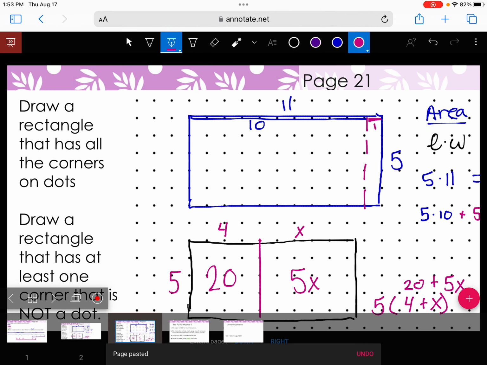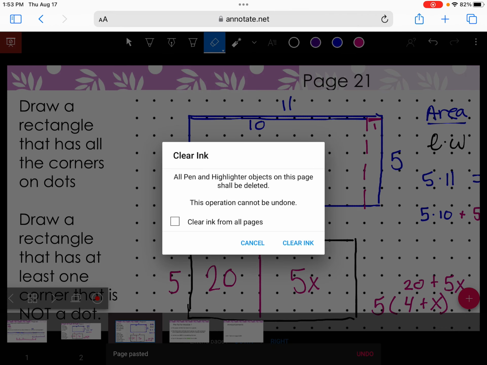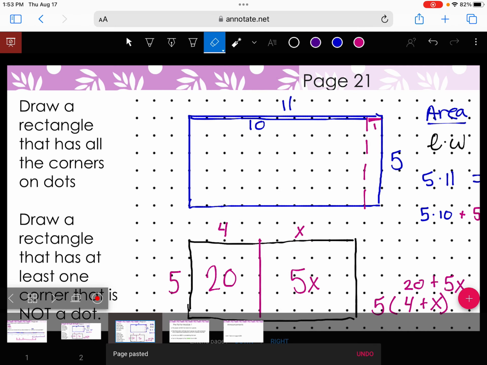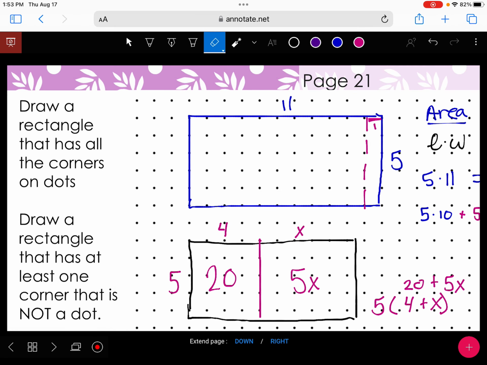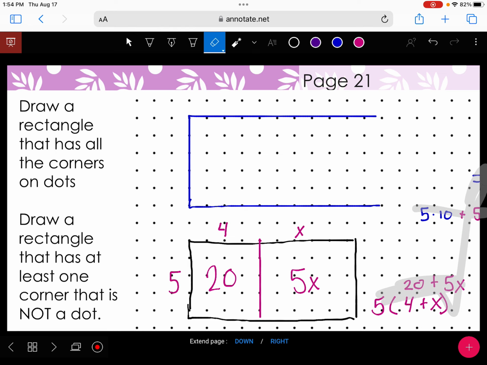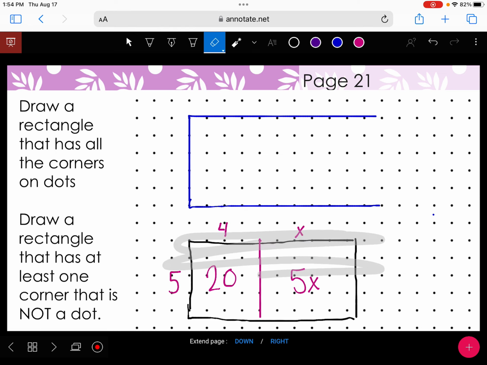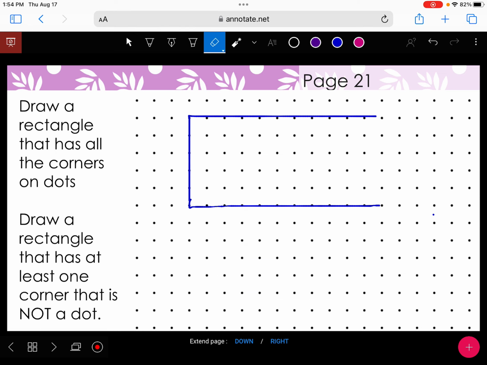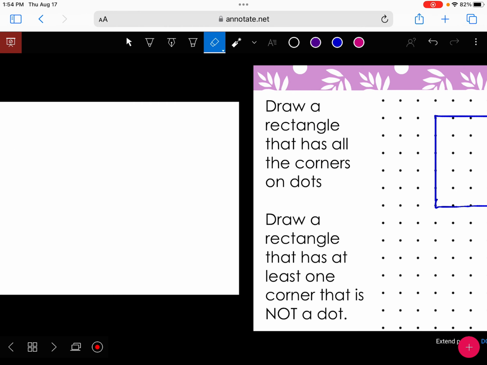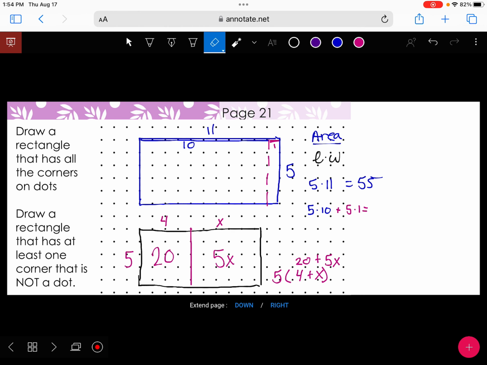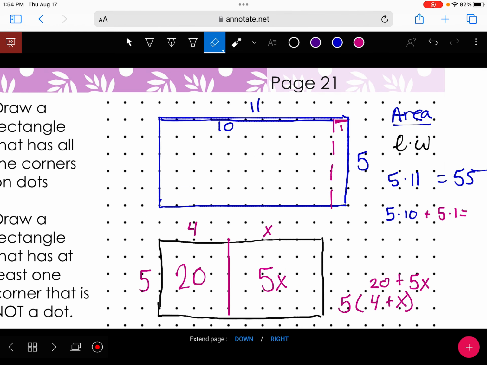There we go. Okay. I'm going to use the space below, because what if we make another rectangle? You still need it? I still have it. Okay.